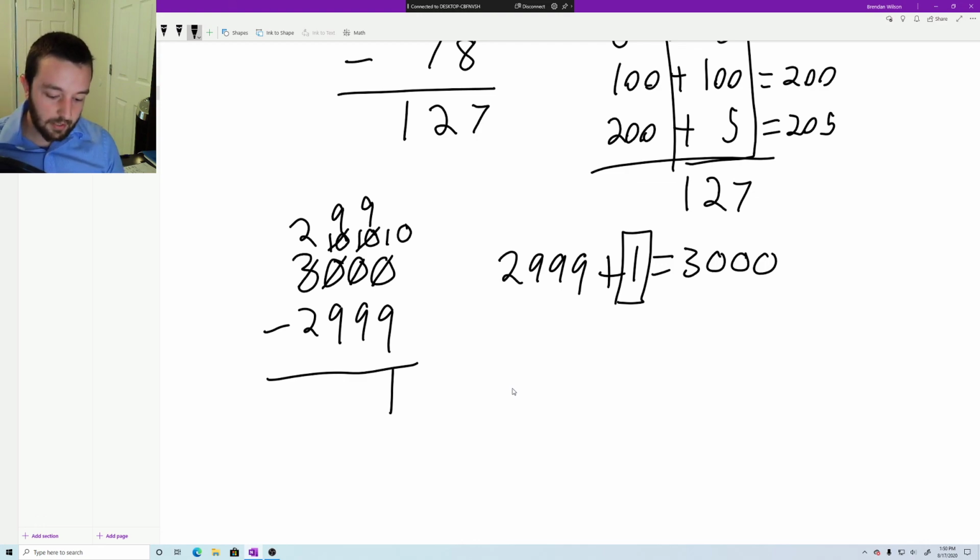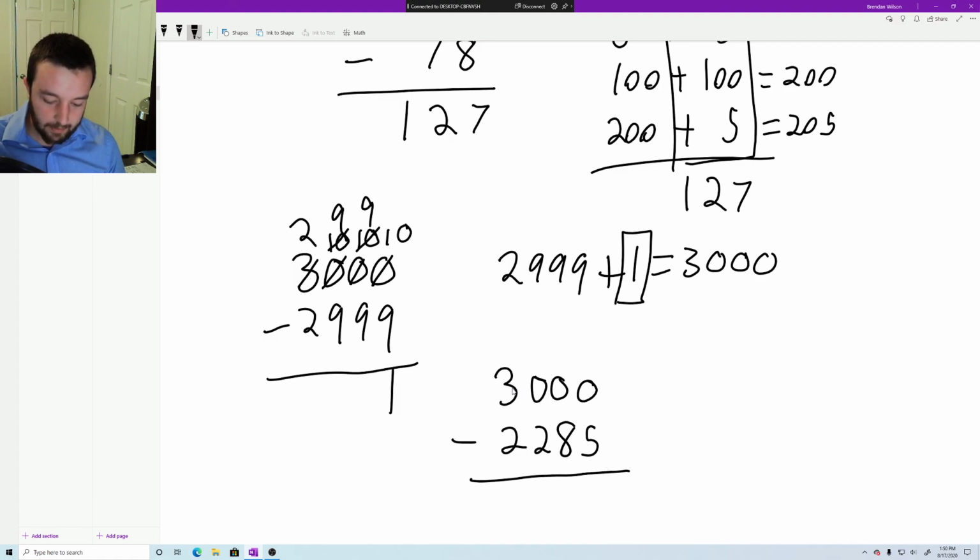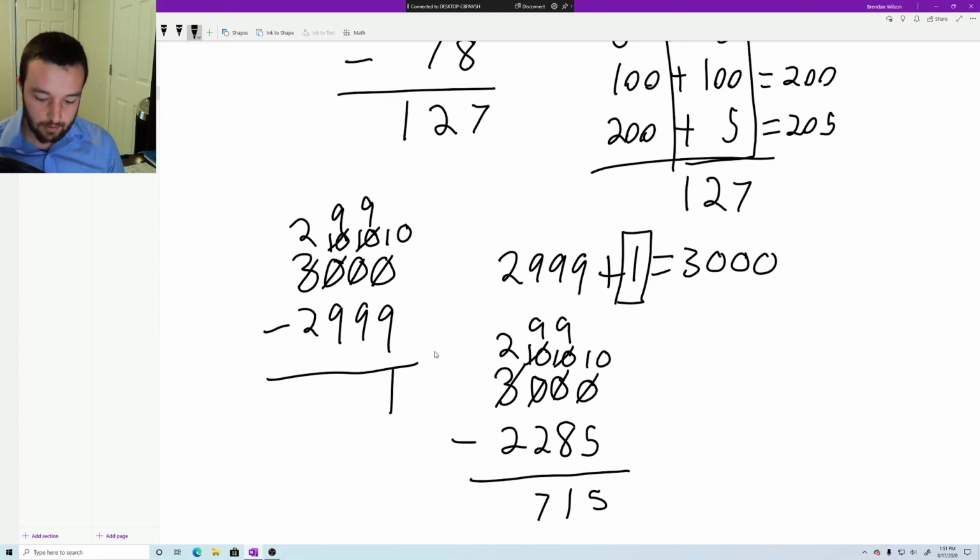Like, if we didn't even make it so simple, if we did 3,000 minus 2285, for example, even this would have the same drawbacks where we'd have to do all of this borrowing to get 5. 9 minus 8 is 1. 9 minus 2 is 7. And then we get 715.